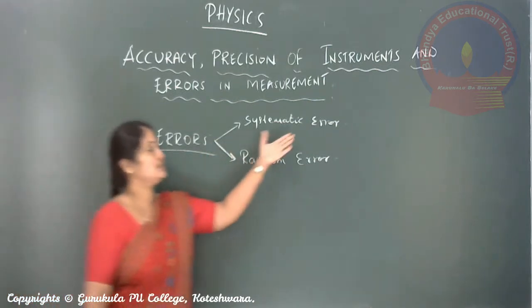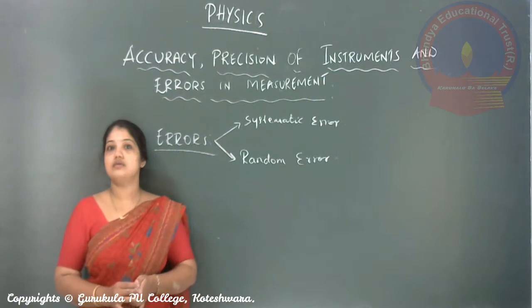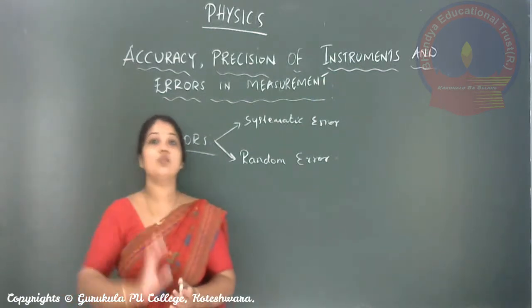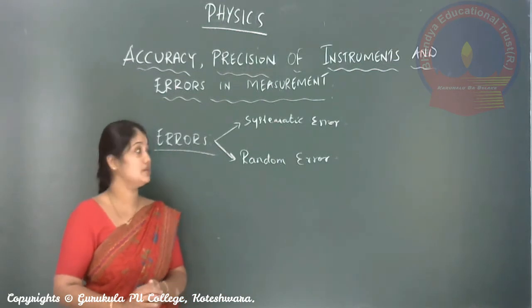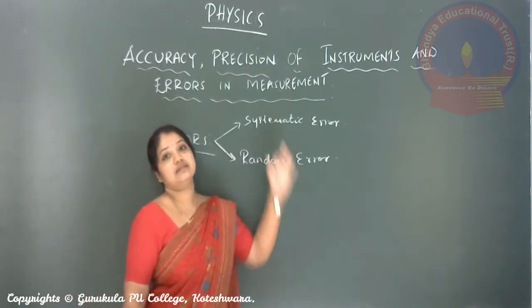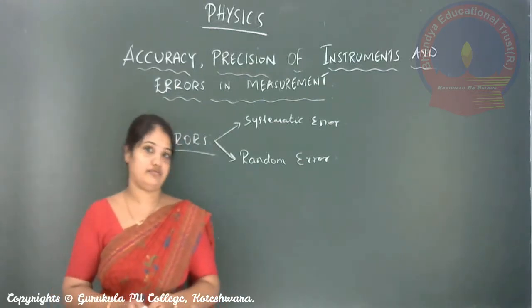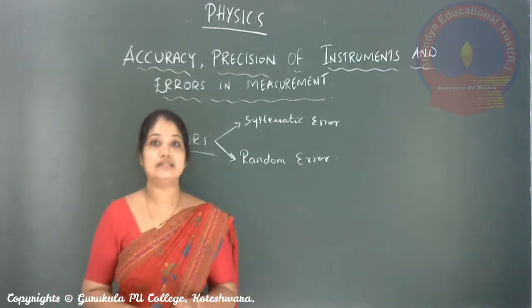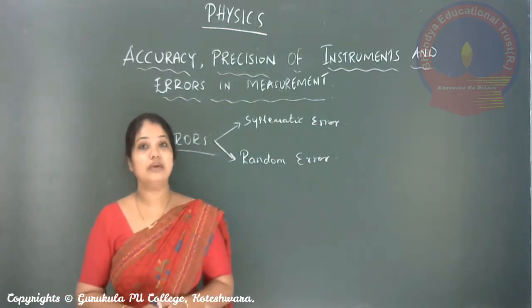Now what is a systematic error? A systematic error is one which takes place in one particular direction, and it can be either positive or negative. We did not say that errors can be positive only; they can also be negative.